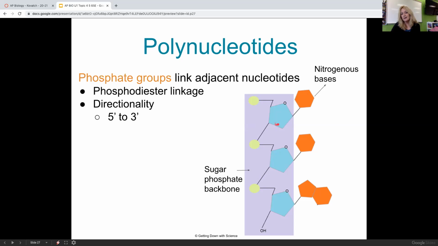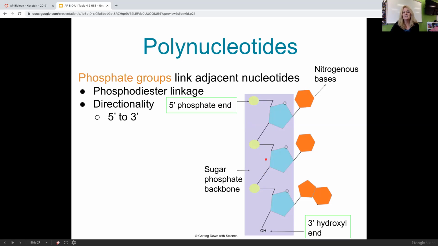So if we take a look at just one side of, let's say, what we've got here should be DNA. We have these nitrogenous bases, we have a sugar, and then we have the phosphate group. And notice that the phosphate group is hooked to the sugar, hooked to another phosphate, hooked to another sugar, phosphate, sugar, phosphate, sugar. This is all just a backbone.